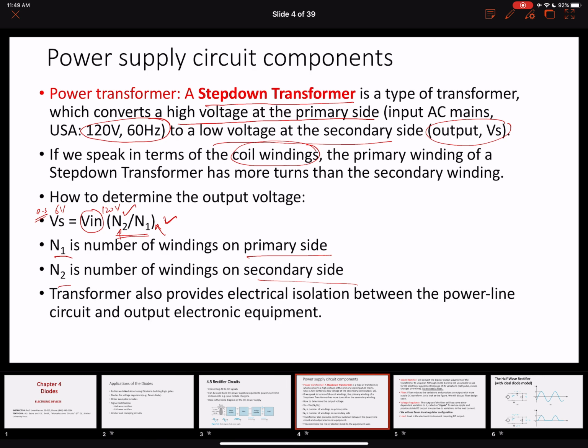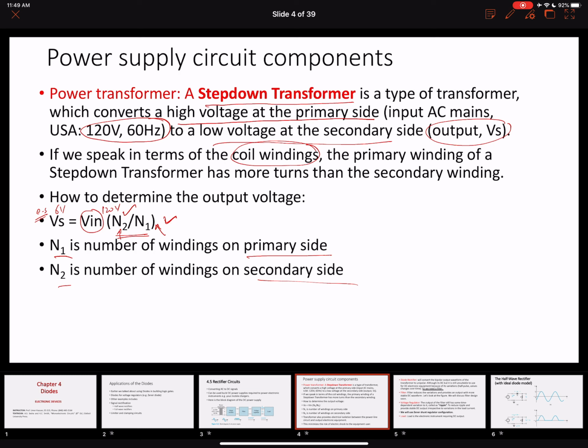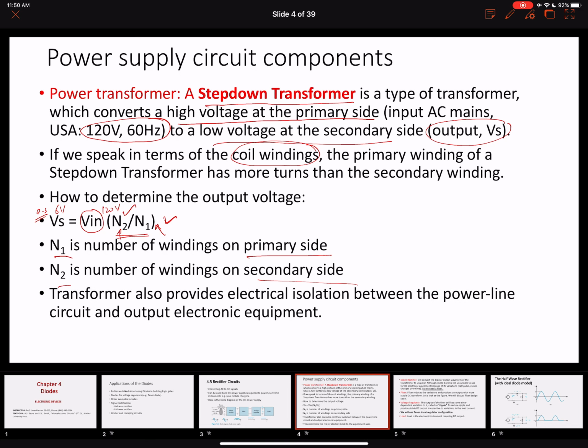Another important consideration is the transformer. This important transformer is present in all of these power supplies that provide a constant DC voltage. It also has another important purpose, and that is it provides electrical isolation between the power line circuit, the main power that is coming in, and our electronic equipment.